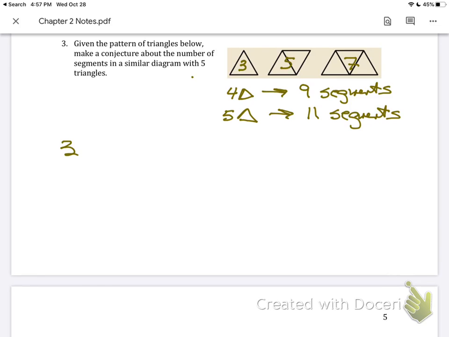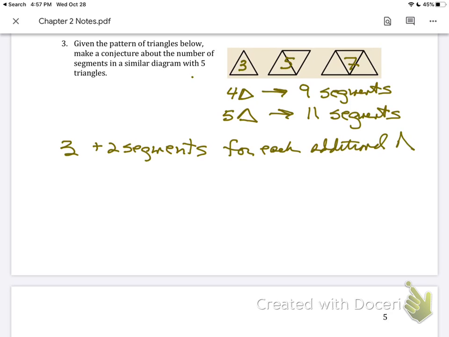And then if you add them in this pattern, you're going to add 2 segments for each additional triangle. Okay, that's the pattern. Okay, we can draw it if you want, but I'm not going to do that right now, but you could draw it.